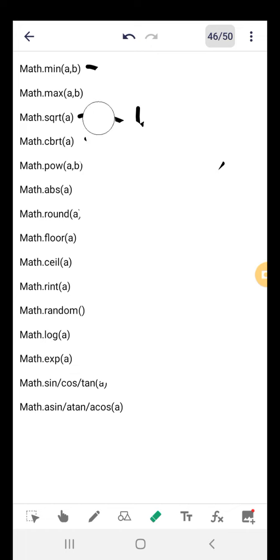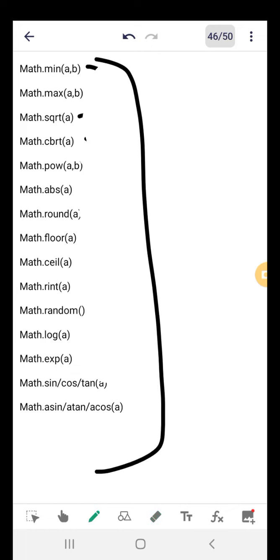This is a very common mistake which students make. These kinds of functions are generally given in small snippets or output-based questions: write the output of the following code.